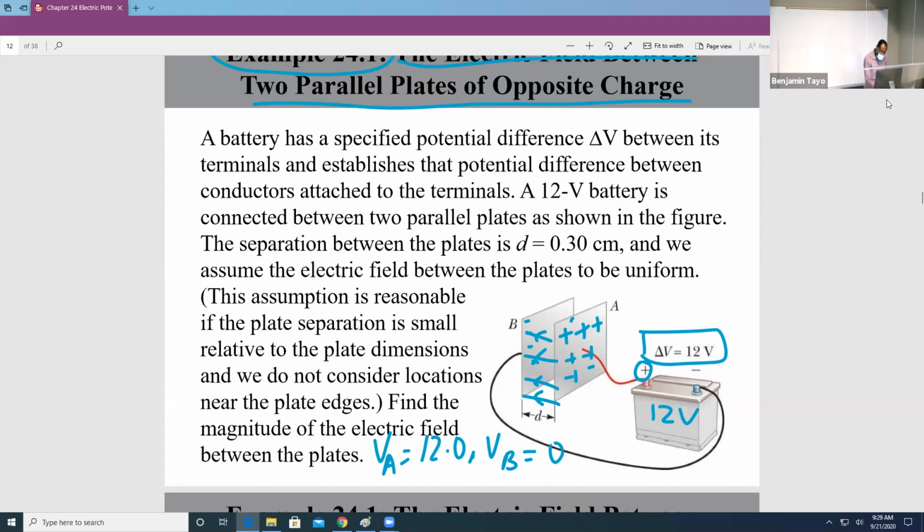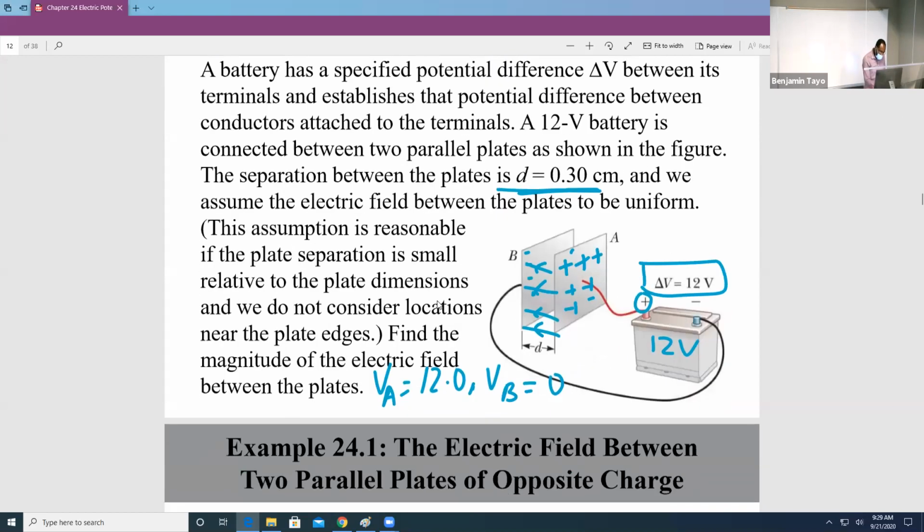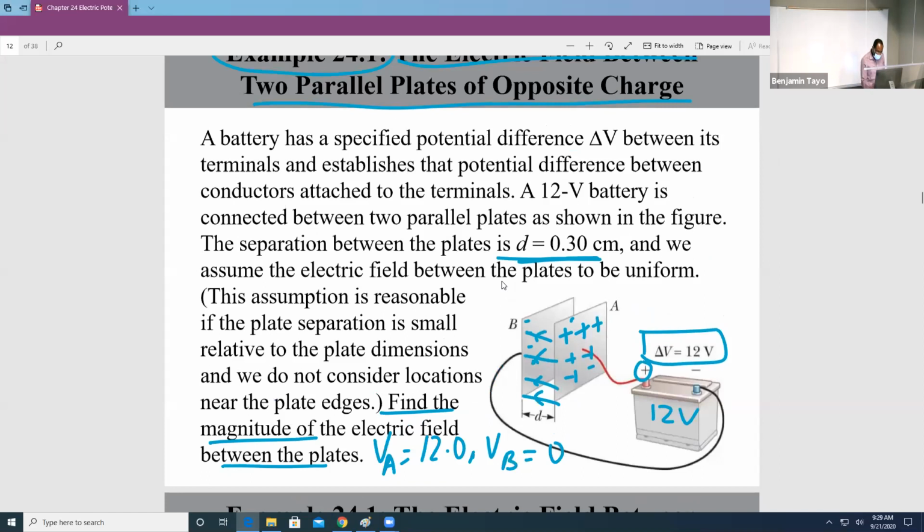Then it also tells us that the distance between the two plates is 0.3 centimeters. What we want to calculate is the magnitude of the electric field between the plates, and we're going to assume that the electric field is constant. It's a uniform electric field, it's not changing.